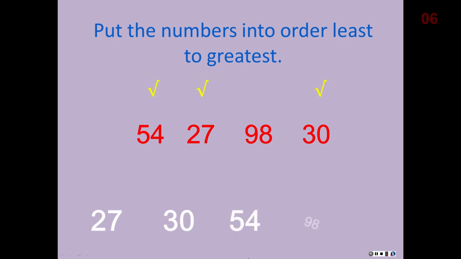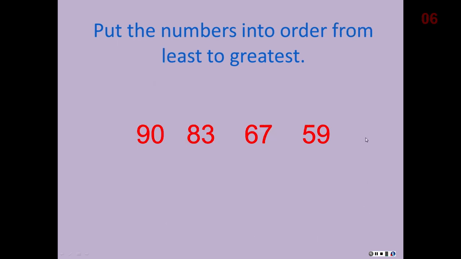Now my PowerPoint, I have check marks to check as I did them, but I usually just like to cross the number out as I use it, so I know that I've already done that number. Okay, so that's a strategy you can use. Okay, how should I order this one? Okay, so what will be first? 67, 83, and then 90.